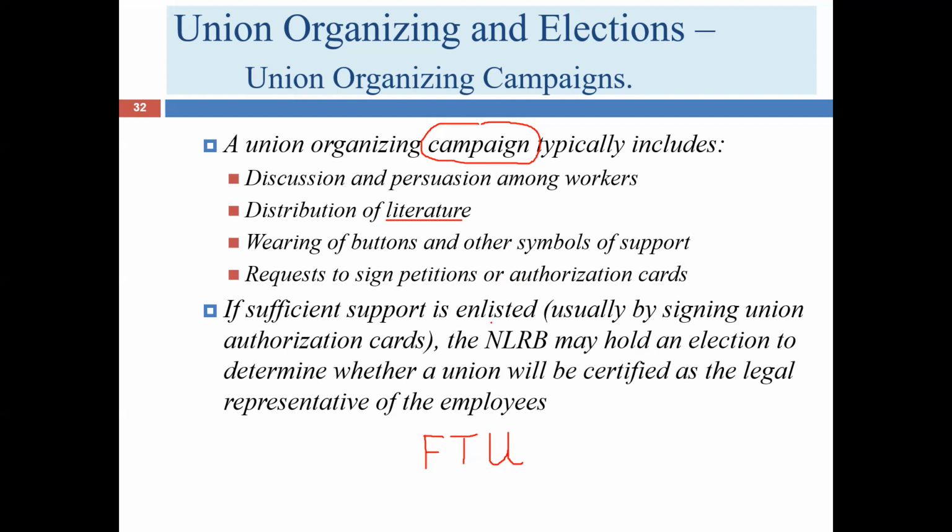The union usually waits until it gets to over 50% of authorization cards before it actually petitions for an election. And the election is actually conducted by the National Labor Relations Board, a board agent, one of those individuals who are employed by the National Labor Relations Board.